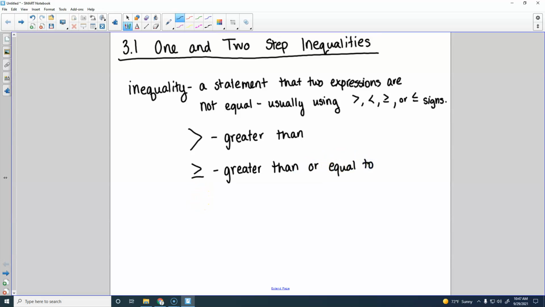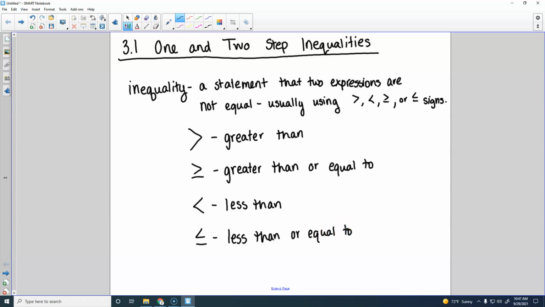Okay, if I have this one, that one's my less than. If I have the line underneath it, less than or equal to.